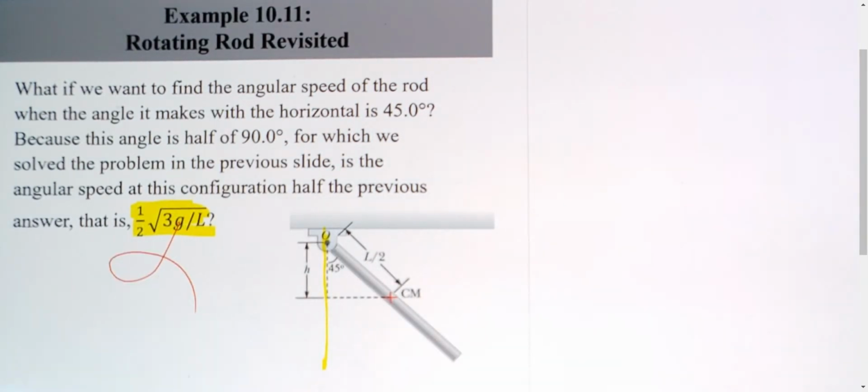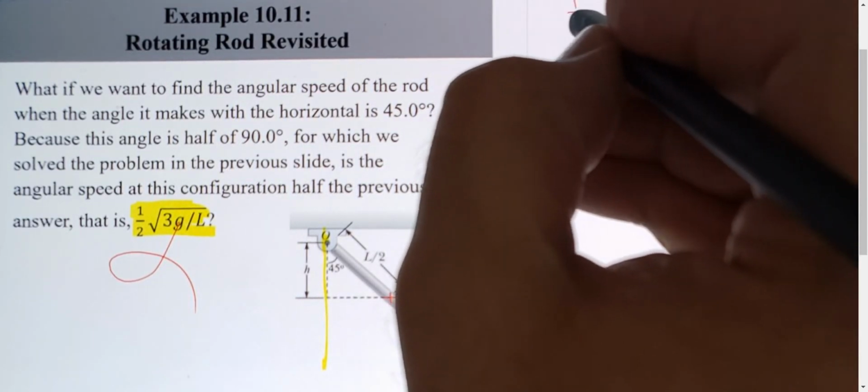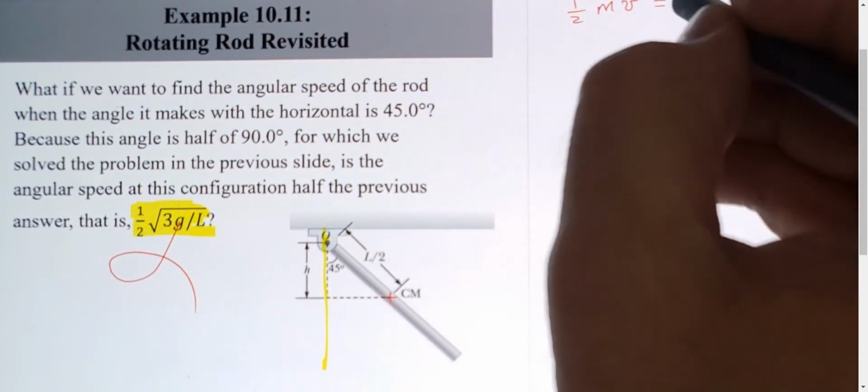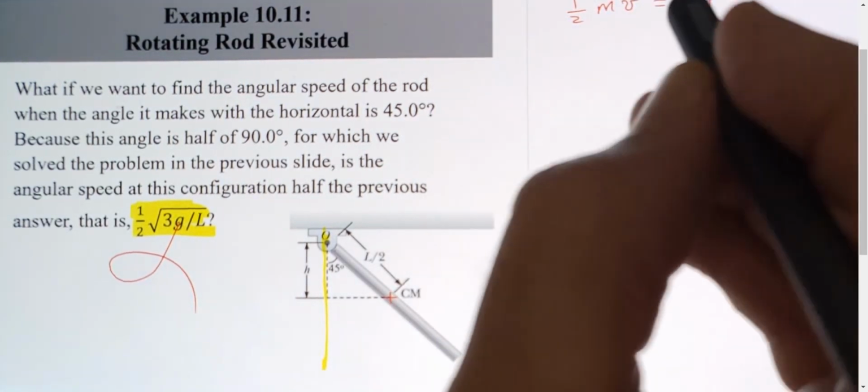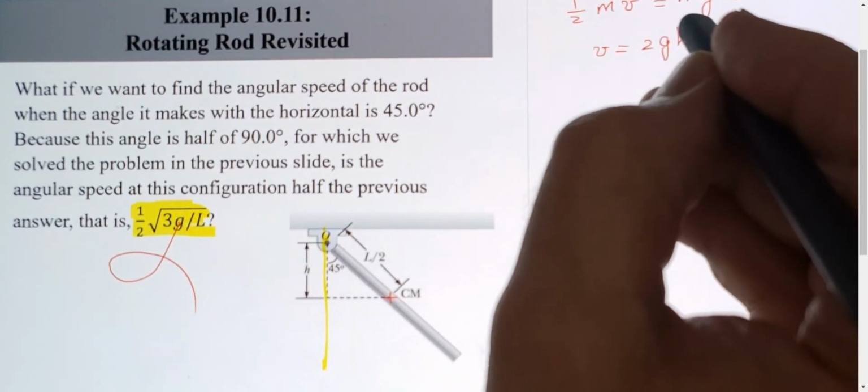The answer is wrong. And I will give you an example in linear motion, so you are convinced. We said that half mv square is equal mgh. So v equals the square root of 2gh.